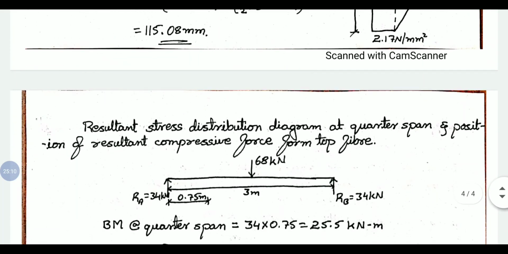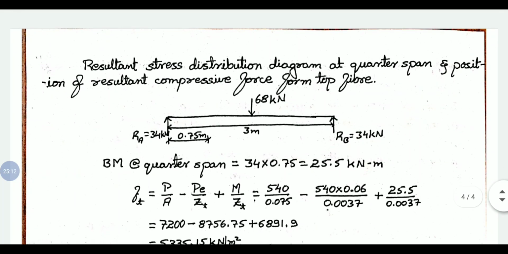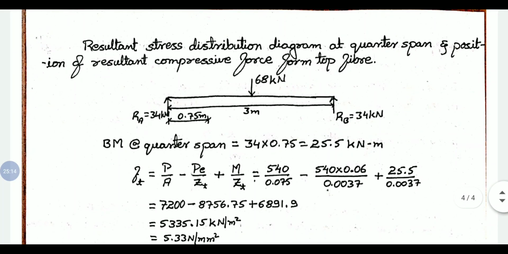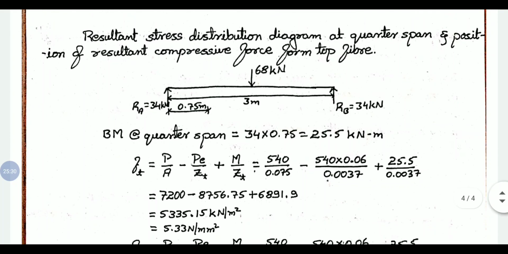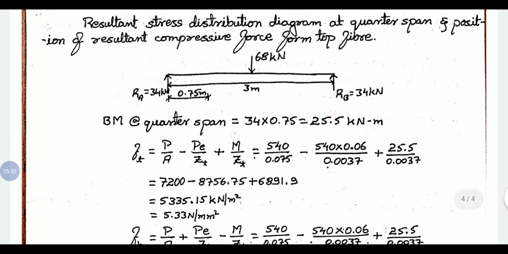In the next case, we need to calculate the same thing with respect to quarter span. So the total span is 3 meter, and a quarter of the span means 0.75 meters. The 68 kilonewton load is acting only at midspan, so the support reaction will be 34 kilonewton. The bending moment at quarter span we need to calculate.